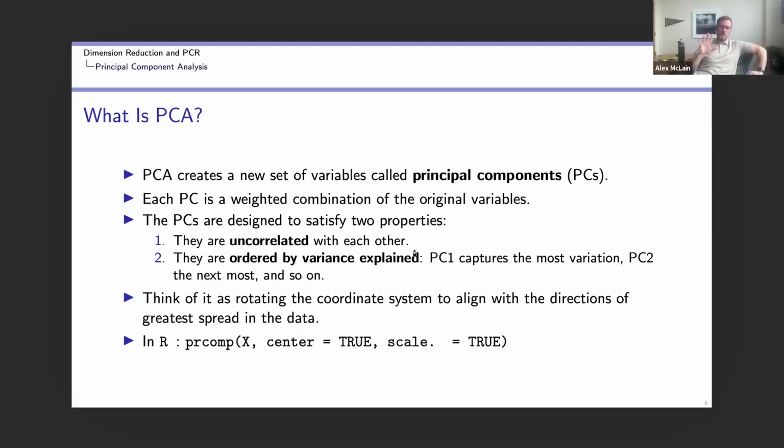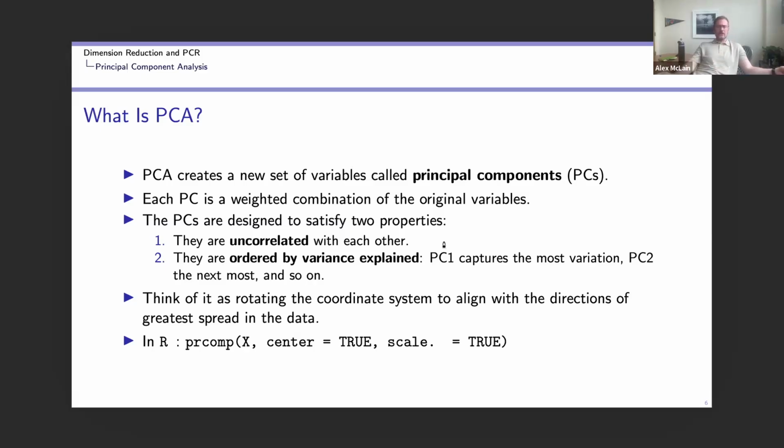So they are completely uncorrelated. The correlation is exactly equal to 0. So each principal component explains something that the principal components before it did not explain whatsoever. All right, that's the first property of principal components.